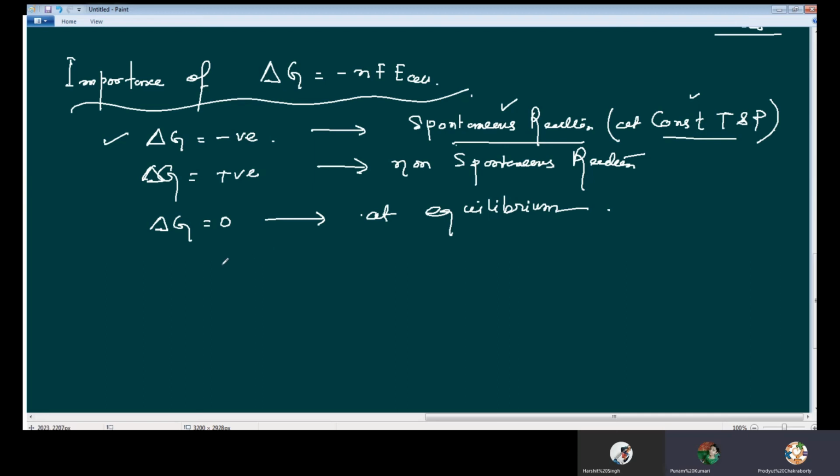So when del G is equal to 0, the net reaction will not take place, meaning the forward reaction is as much as the backward reaction.